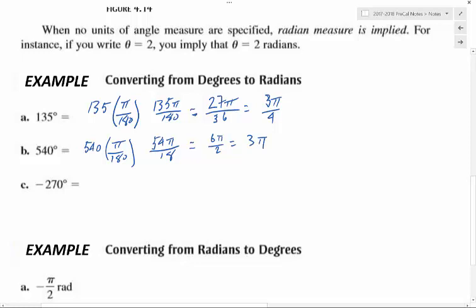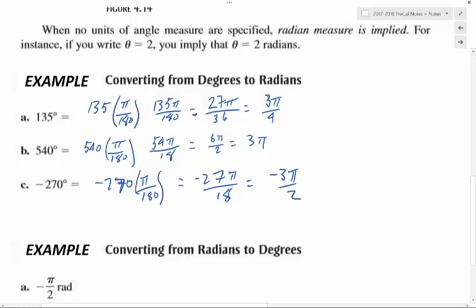For negative 270 degrees, I do negative 270 times pi over 180, and that will reduce to negative 27 pi over 18. I can reduce by 9 to get negative 3 pi over 2.